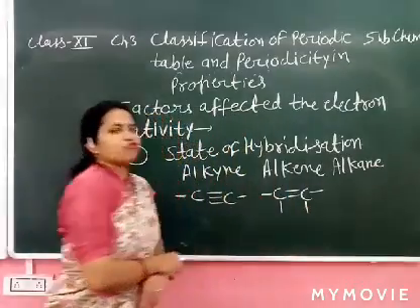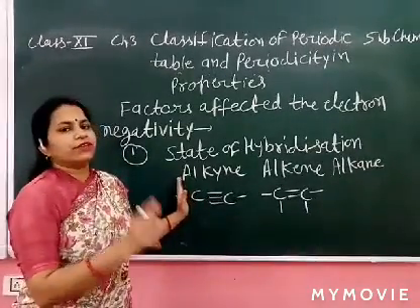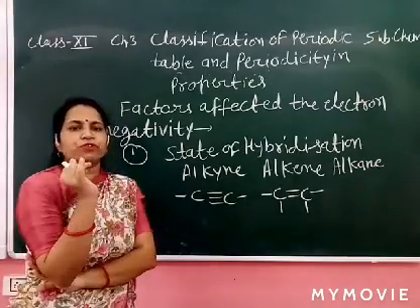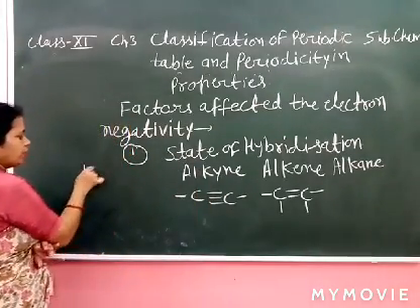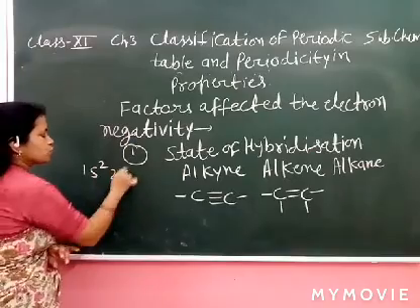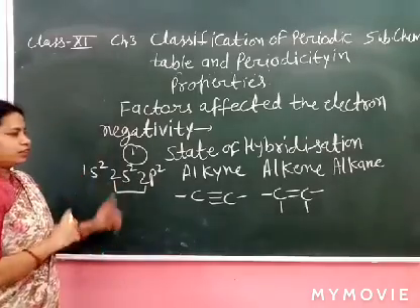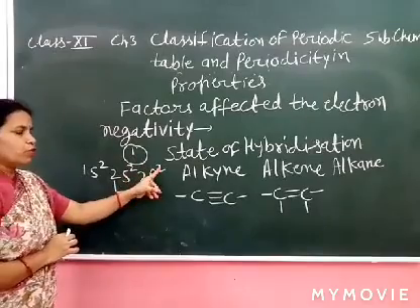How many bonds are formed by carbon? Four. The valence electrons are 4: 1s2, 2s2, 2p2. This is the valence shell.